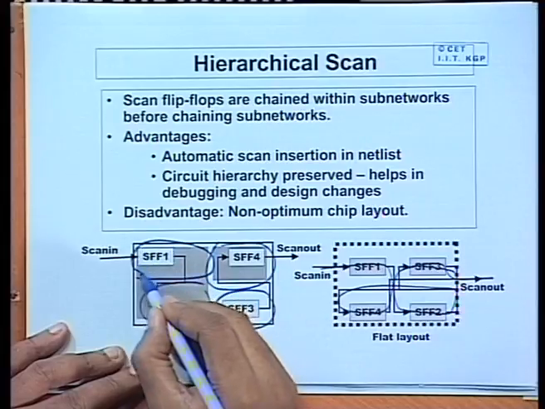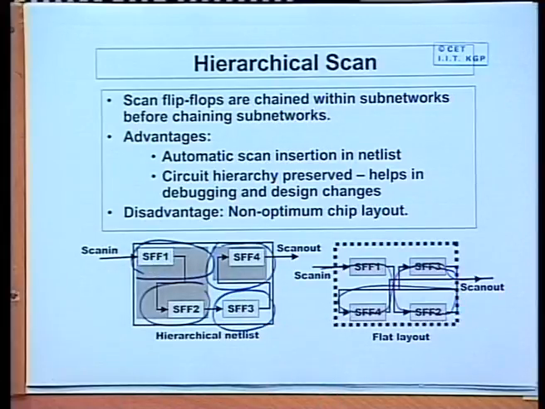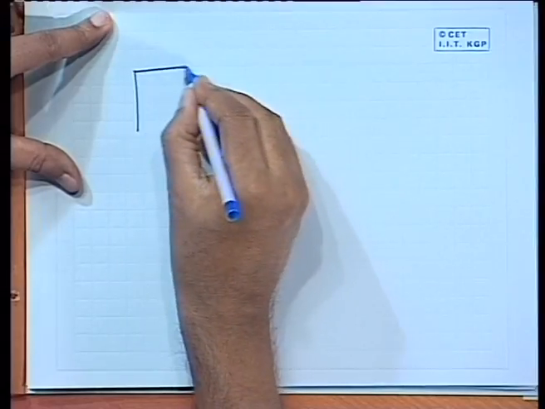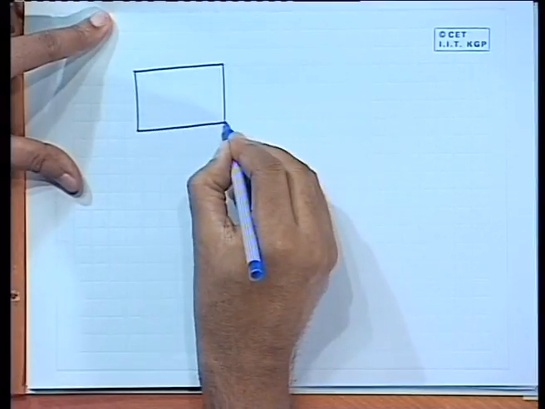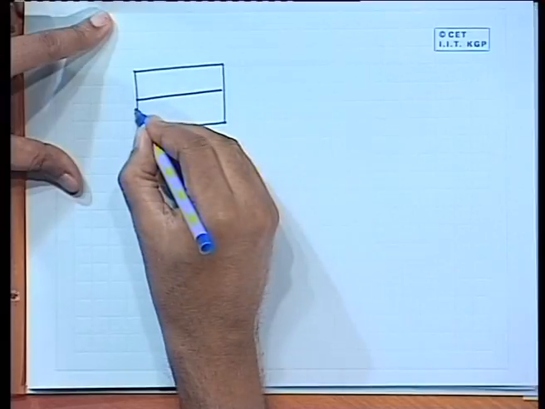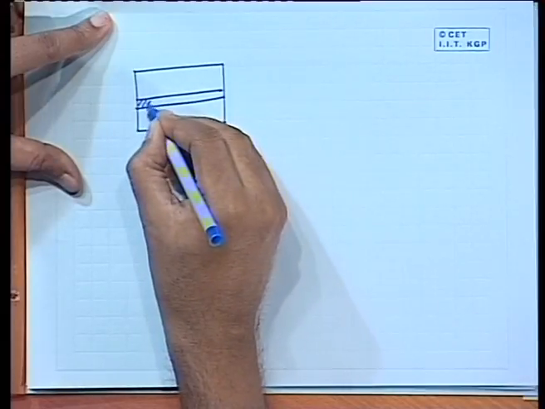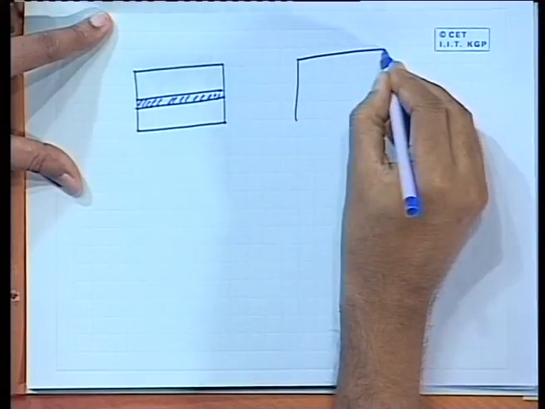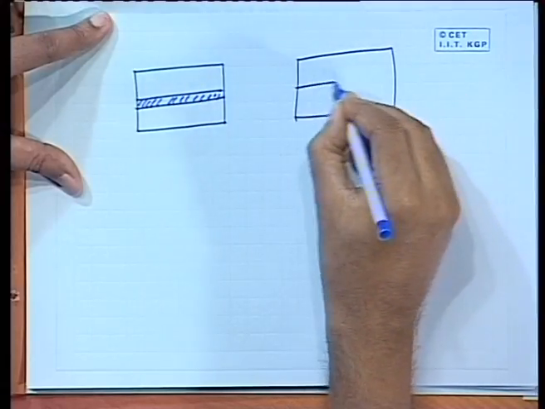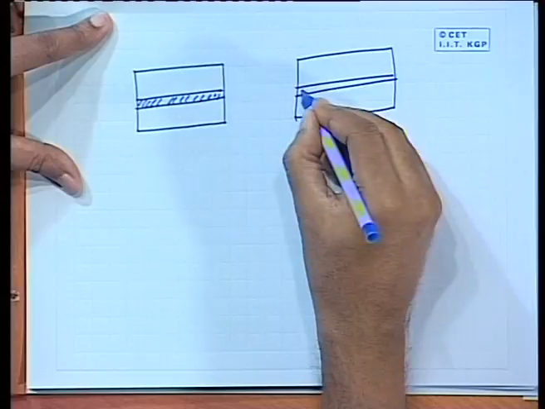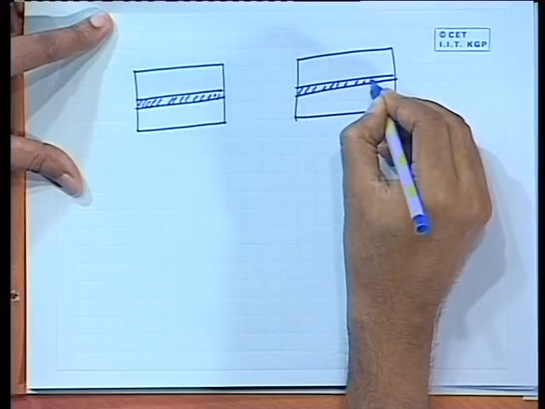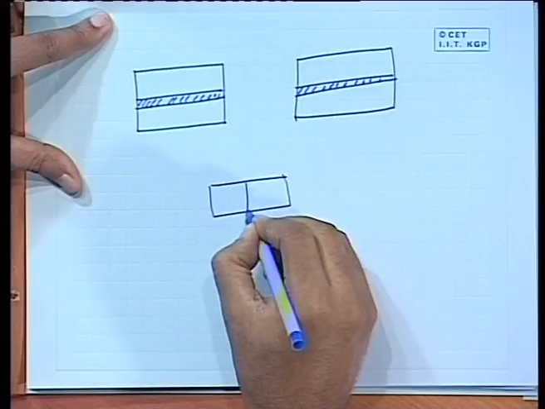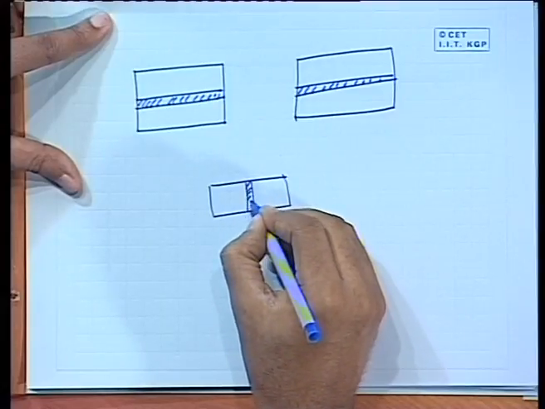When you are developing a small module, you develop this module with scan chain. This is the scan chain, say I am showing it like this. You develop another module, this also will have a scan chain. This another module, this would also have, say, a smaller scan chain.